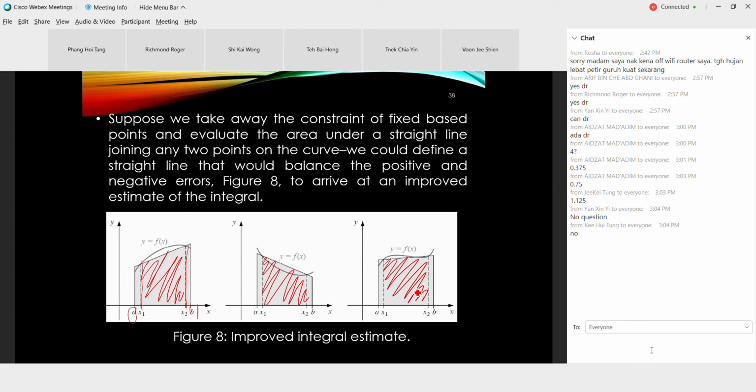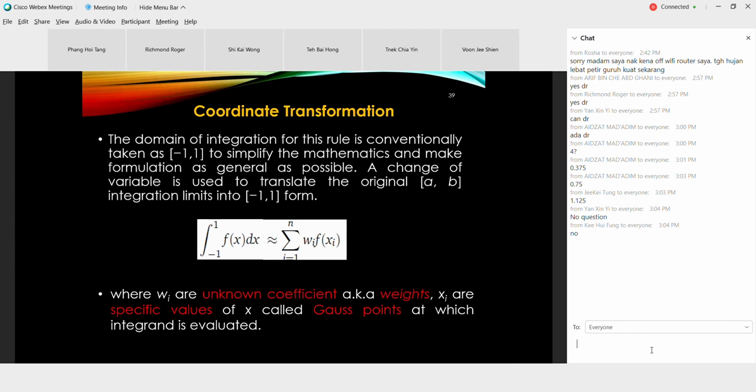It means we need to transform point a to x1 and point b to x2. The same as the second figure, point a to x1, b to x2, and the same as figure 3, point a to x1, point b to x2. So how can we transform? That is our question.